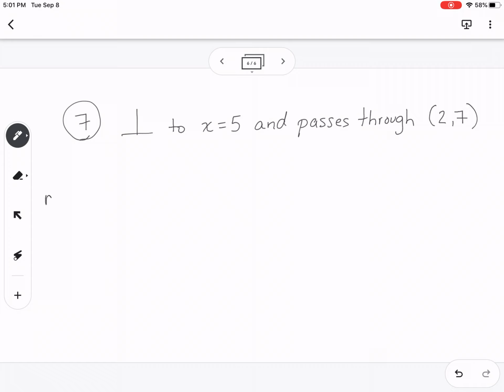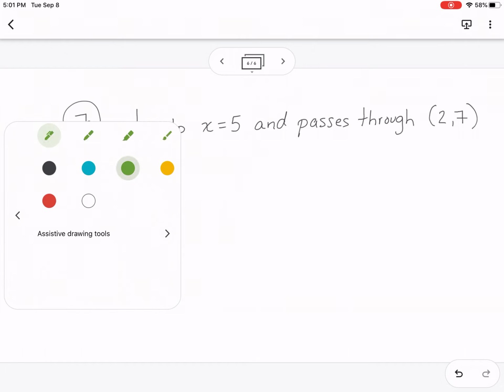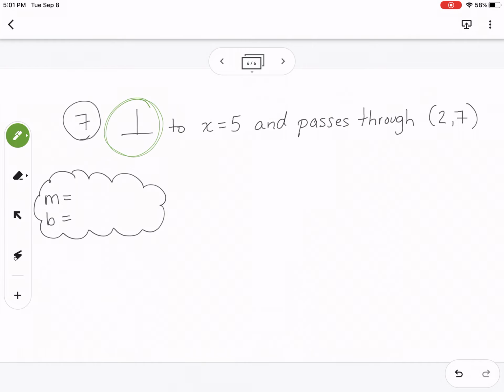Okay, remember we're looking for two things, m and b. So I see the word perpendicular, well, the symbol at least. So I'm thinking opposite reciprocal slope. So I have to find out the slope of this line right here so that I can do the opposite reciprocal of that. Well, what's the slope of x equals 5?